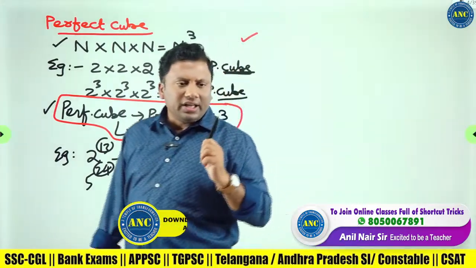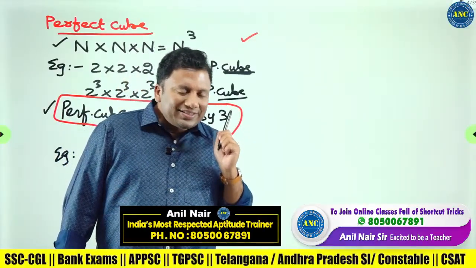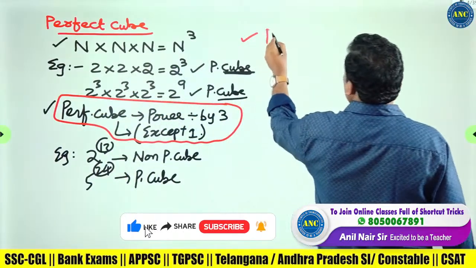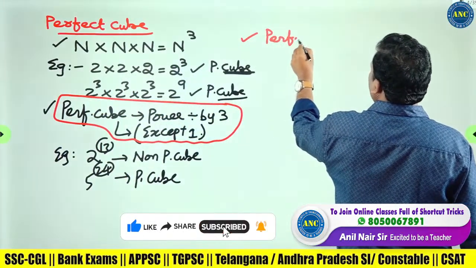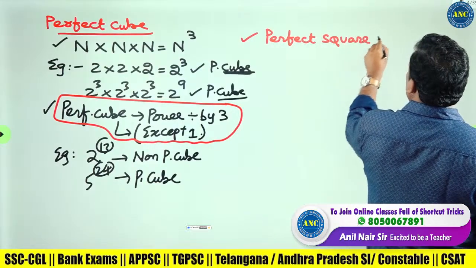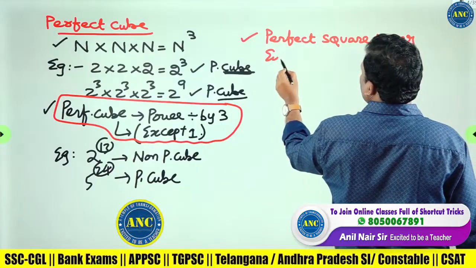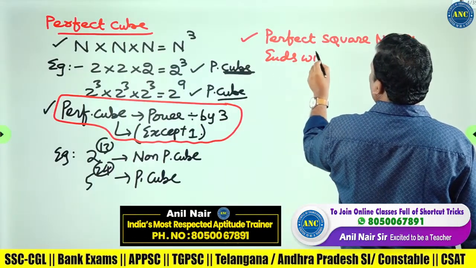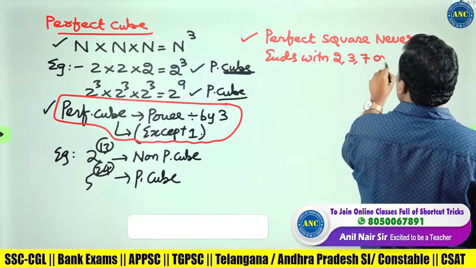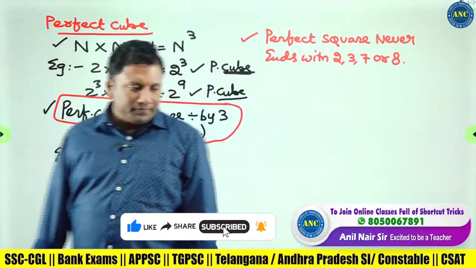In the class, somebody tell me, a perfect square never ends with which unit digits? 2, 3, 7 or 8. We will write down that one. We will connect the dots. A perfect square never ends with 2, 3, 7 or 8.